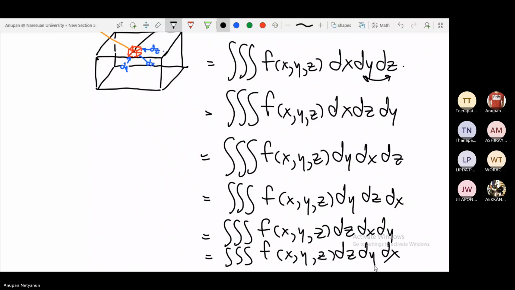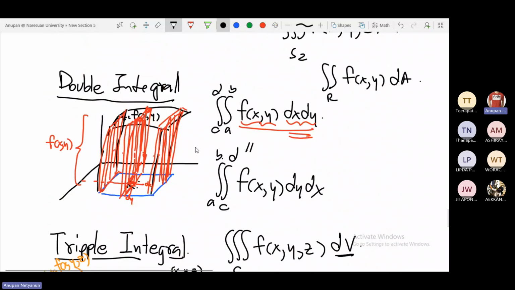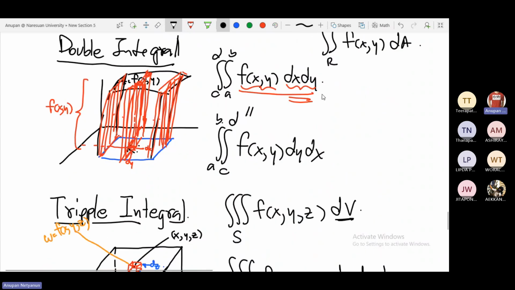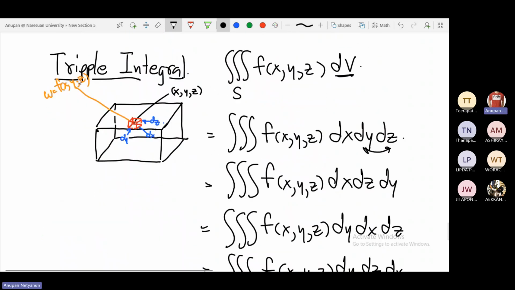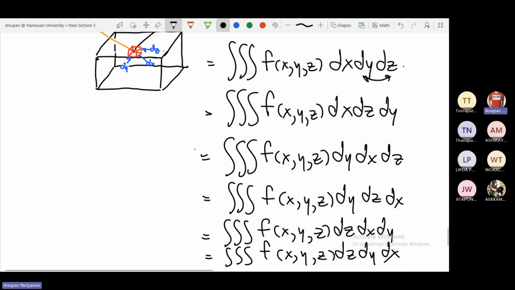For the double integral you have two kinds of integration depending on the order of variables, but in the triple integral you have 6 kinds of integral that you can choose, depending on the order of variables.